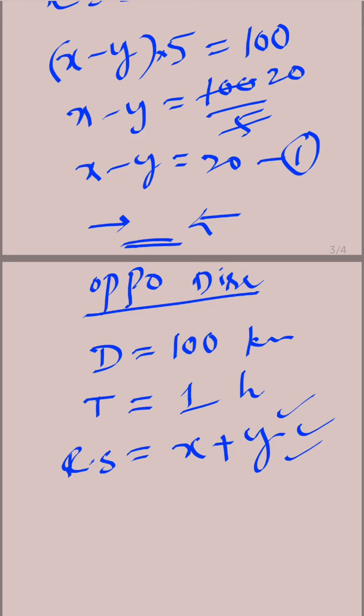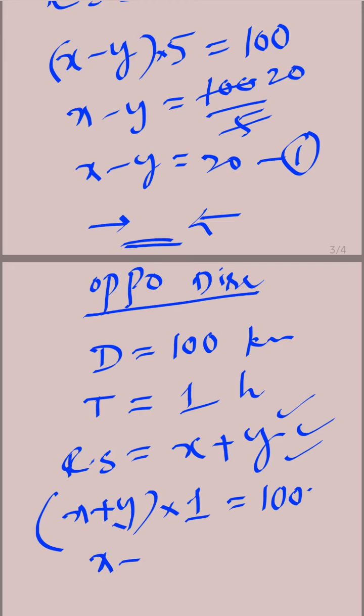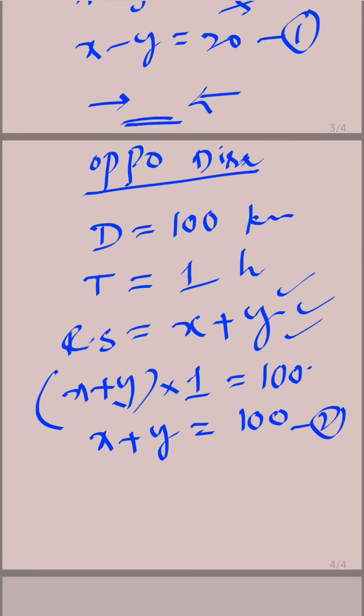So all the things we got. Now substitute the values. The speed is x plus y, the time is 1 hour, and the distance is 100 kilometers. Now 1 into x plus y is x plus y, which equals 100. This is the second equation.